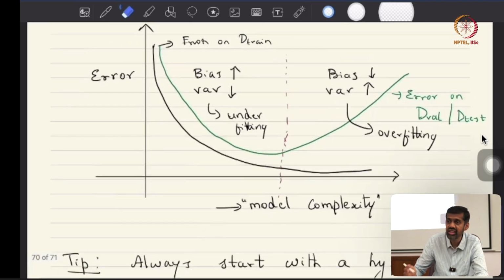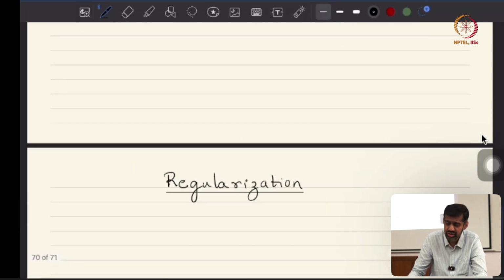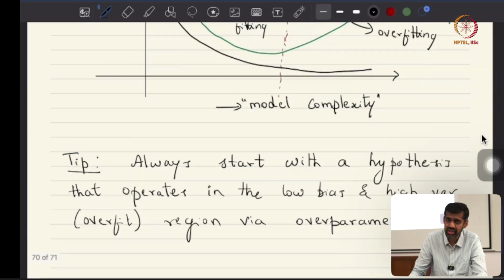This is the usual bias variance curve, where as you increase the model capacity, the error on the training data keeps decreasing, while the error on the unseen data keeps decreasing till a point and then starts increasing. You will have to see this behavior. Given this background, the question now is, what is the best way to operate in a pragmatic approach?